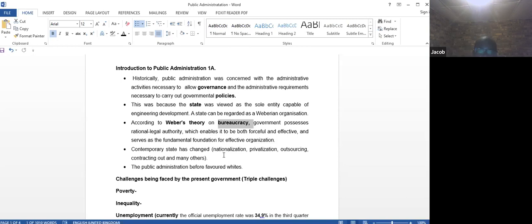If you go to the black townships, there were a lot of challenges: no electricity, no water, no sanitation. All the necessary public administration activities were centered on whites. So with the change in South Africa, the coming in of the elected democratic government in 1994 ushered in a new trajectory of public administration in South Africa.